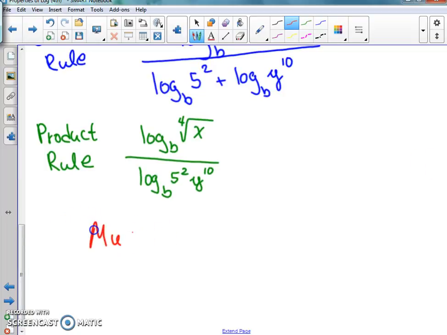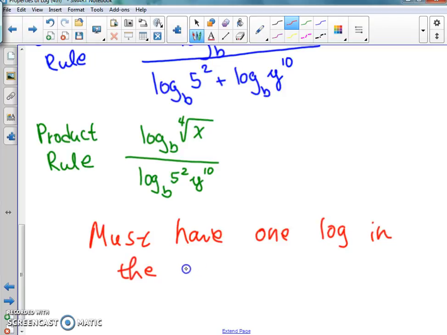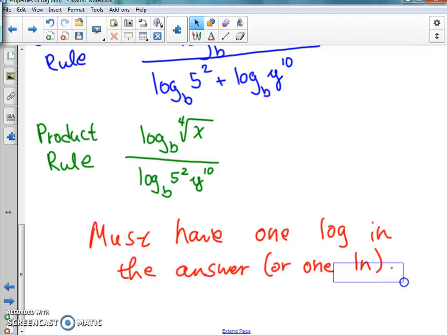So we must have 1 log in the answer. Or you can say, or 1 natural log, ln. So let's write that down.